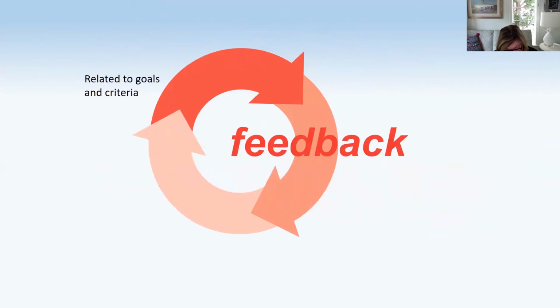So when teachers give feedback, oral in the moment or written feedback, certain characteristics need to apply. First of all, it needs to be related to the learning goals and the criteria. The whole idea of feedback is to help students take action for themselves to close the gap.